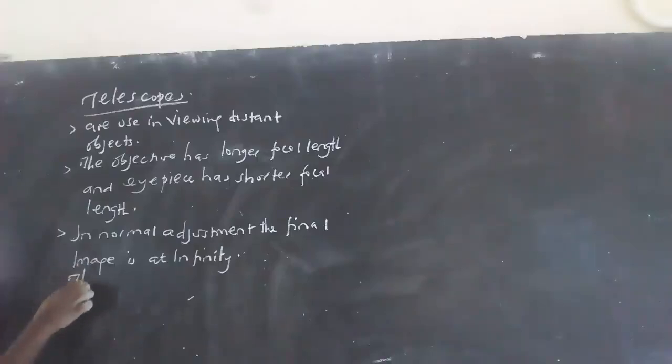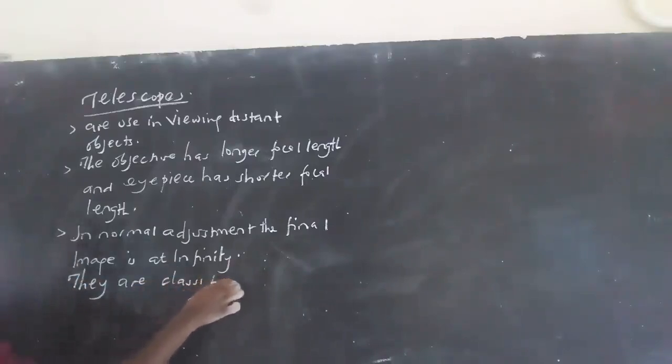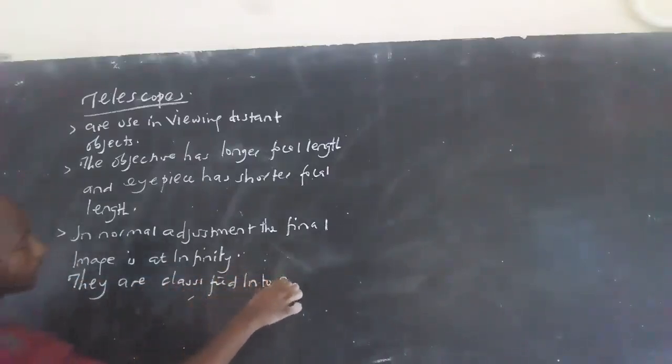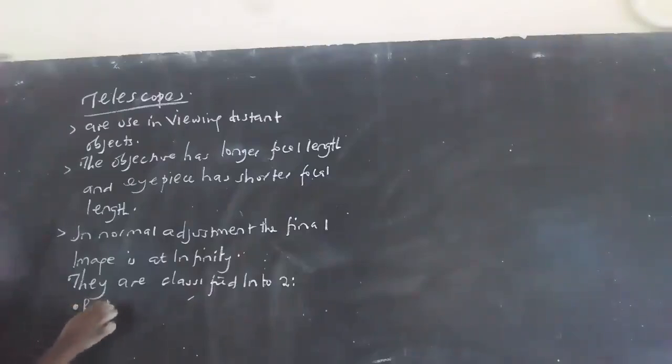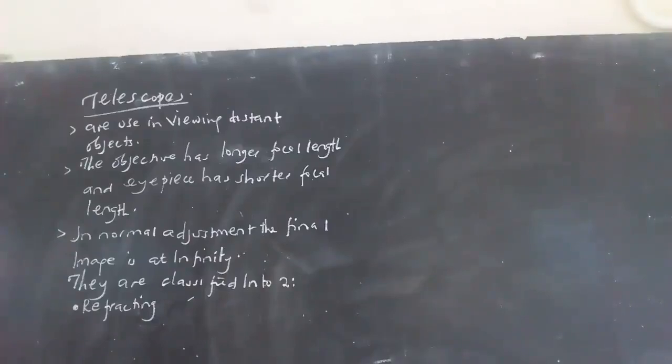Then they are classified into two: refracting and reflecting telescopes.